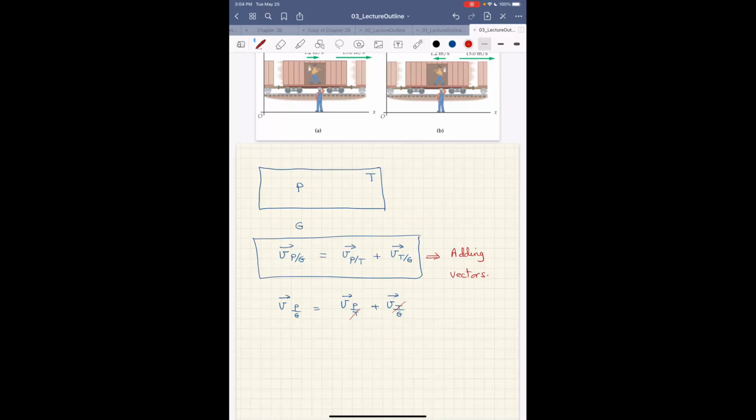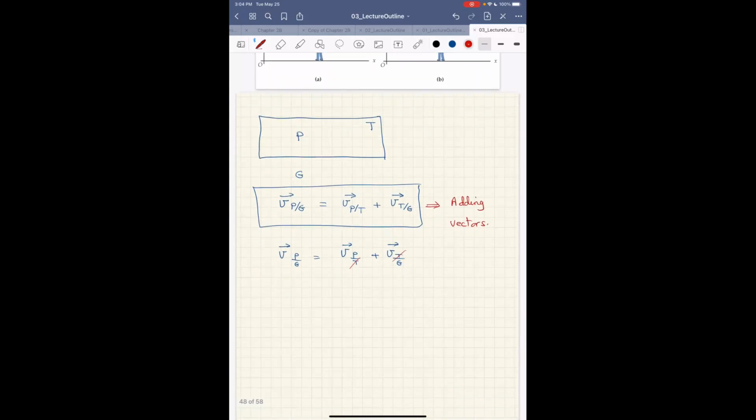Okay, where are we going to use these? For example, let's say I want to cross a river, but there is a current that is going this way. Then I will say maybe this is the velocity of the water with respect to the ground.